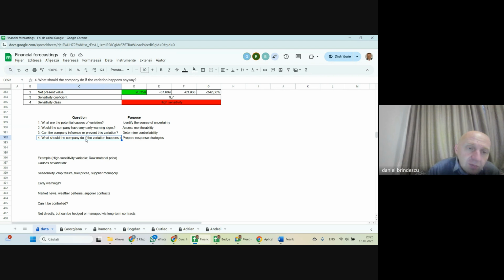And in the end, if the variation happens, or rather when the variation happens, because we have talked about it when we did the forecasting, it would be naive to imagine that all these factors would materialize at the exact values that we have forecasted and will stay there for the entire explicit forecasting period.